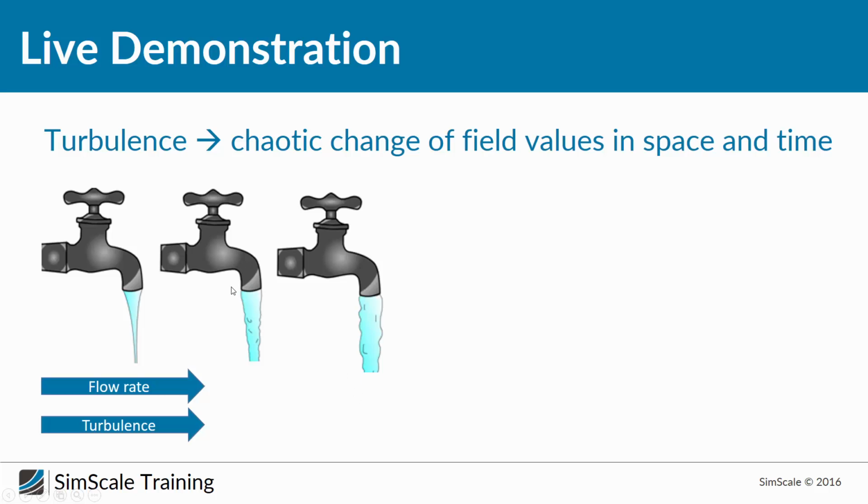This is something you can really test in your bathroom yourself, and it is something very important. There is something we can say right now: increasing the flow rate or the flow velocity will also increase the turbulence.